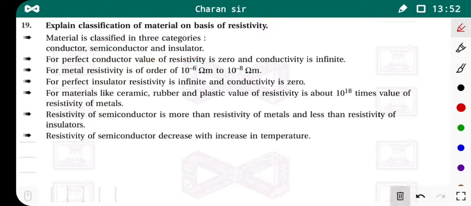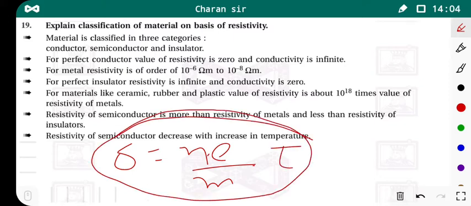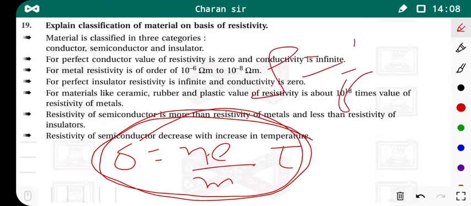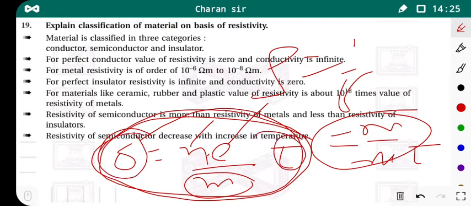Also, we have discussed in the earlier class that the conductivity is given by n e² τ / m for conductors. You remember this equation for the conductors, and resistivity is the inverse of this conductivity, so you get m / (n e² τ). From these two equations we conclude that the number of electrons is constant, the charge of the electron is constant, and the mass of the electron is also constant. So conductivity is directly proportional to the relaxation time.